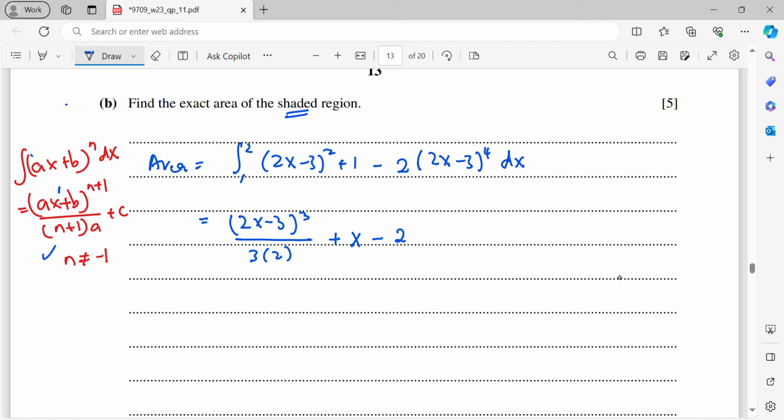Then minus (2x minus 3), degree 4 becomes 5 over 5, and differentiating 2x minus 3 gives 2. Then consider limits. There's no plus c here because you have limits. From here, I will simplify it: (2x minus 3) cubed over 6 plus x minus, the 2 will be cancelled off, and then you only get over 5.